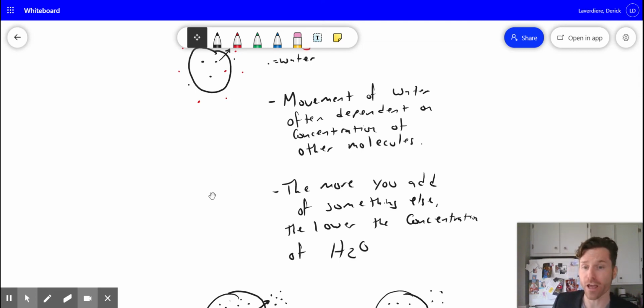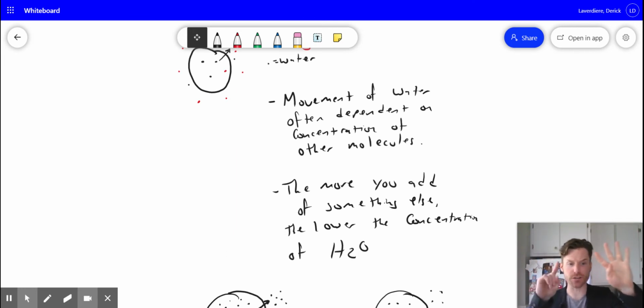Right? And so if I have 4 pieces of water, right? And I have 1 piece of salt, okay? That's 4 times water to salt. Now, let's pretend I have 4 pieces of water, same amount of water, but I got 16 pieces of salt. I now have 4 times as much salt, right? And so the concentration of water went down by like 16 times, right?